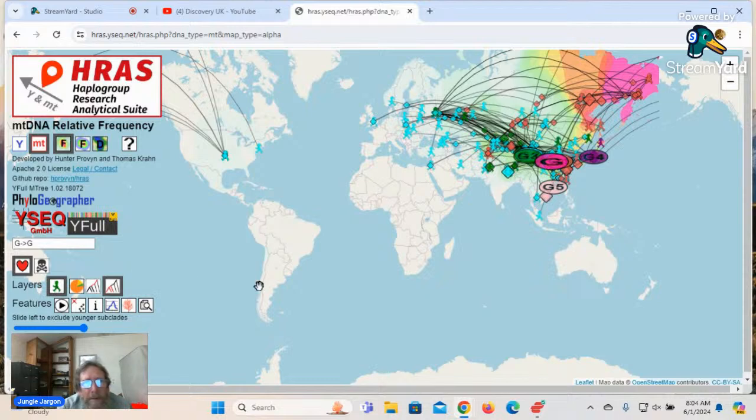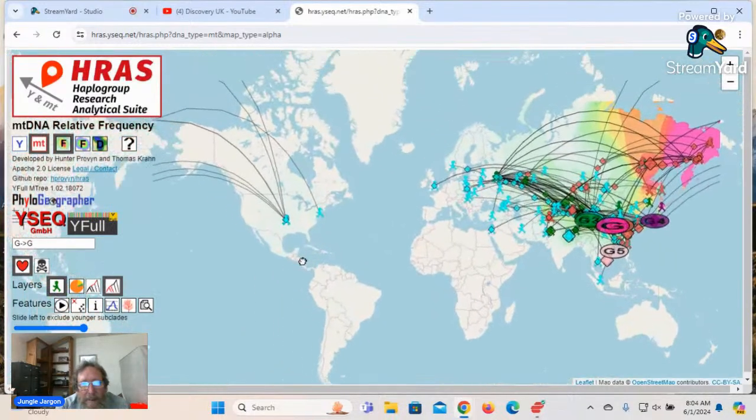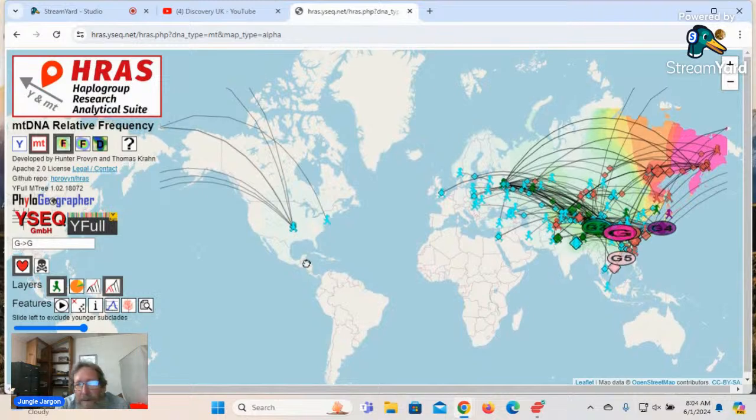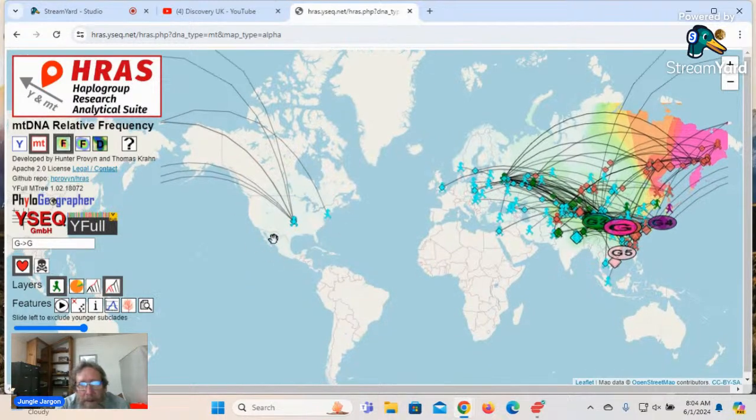And we see that they did cross over into America in that same location. As a matter of fact, the same location as in Central America where all the other ones are found. And so let's go back and see how far.